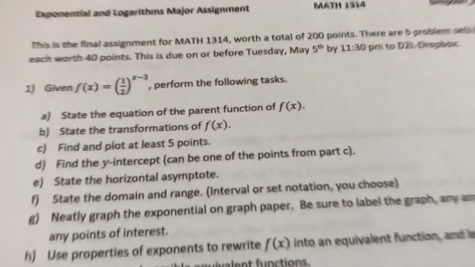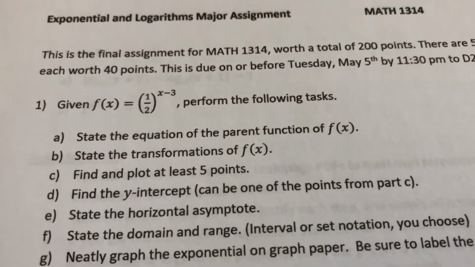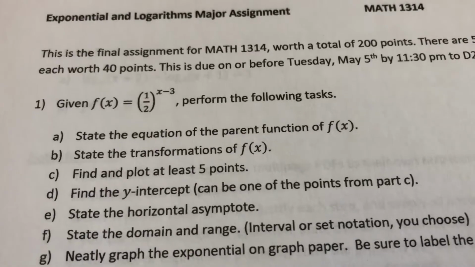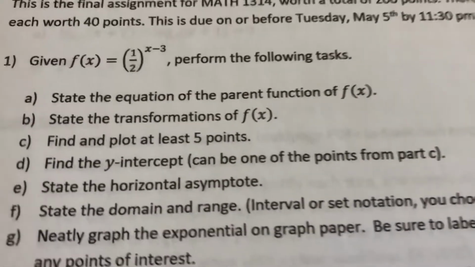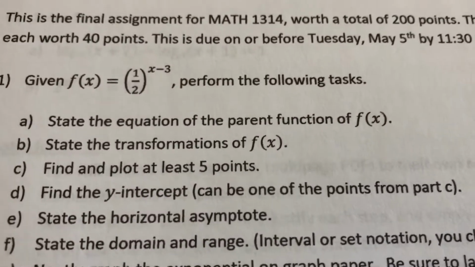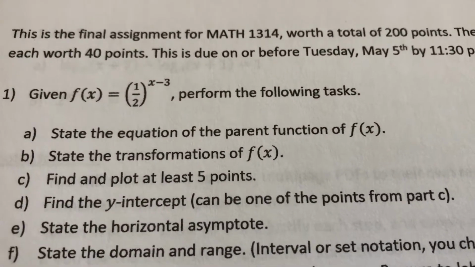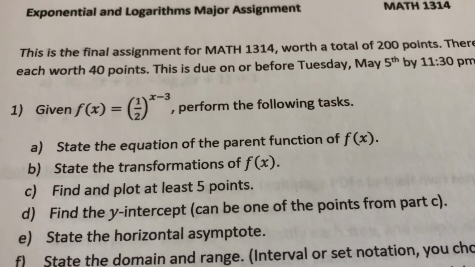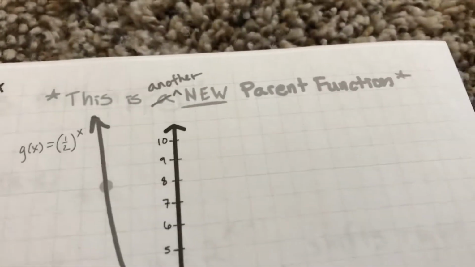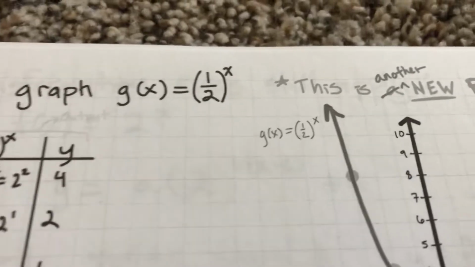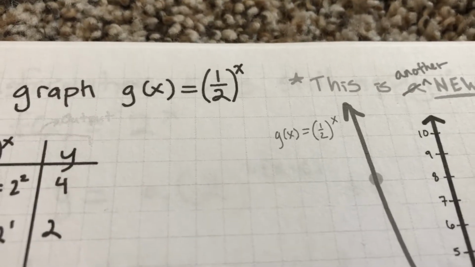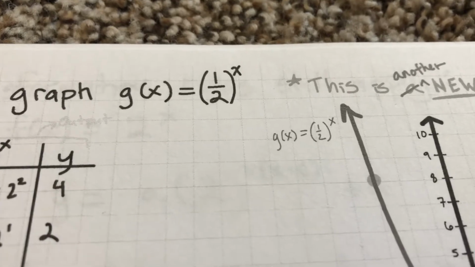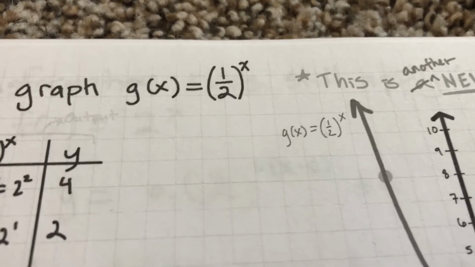So, alrighty. Number 1 is: given f of x equals 1/2 with an exponent of x minus 3, perform the following tasks. The first thing we have to do is state the equation of the parent function of f of x. If we look in the notes, we see that one of the new parent functions we've learned is g of x equals 1/2 with an exponent of x.